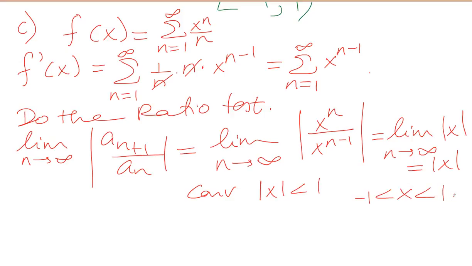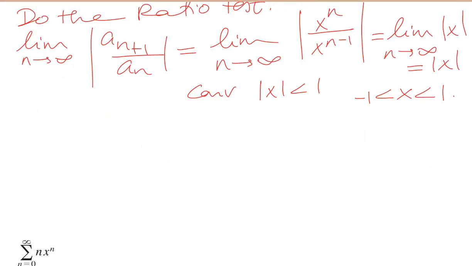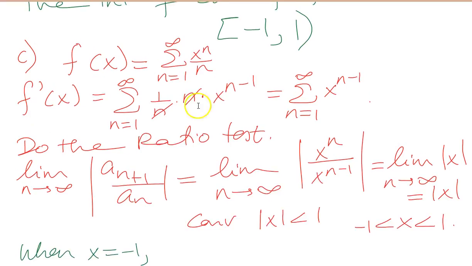Now you must do the endpoint check to determine whether the series resulting from differentiating f of x is convergent at the endpoints. Let's check the endpoints. When x is negative 1, this is the series resulting from differentiating your original f of x.